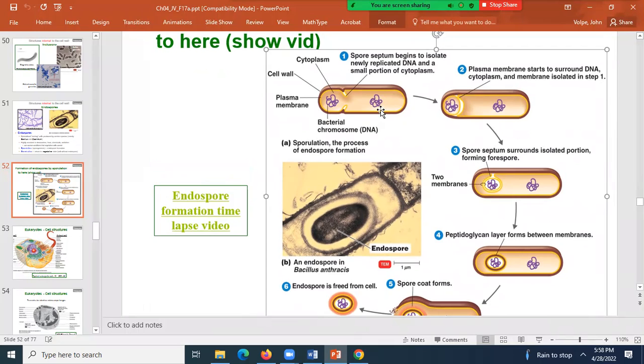The difference is for bacteria, when an endospore forms, the cell doesn't divide in half, meaning the cell divides where one portion of the cell is larger than the other portion of the cell. The cell then begins to form the cell wall and the cell membrane in between the two DNA molecules.